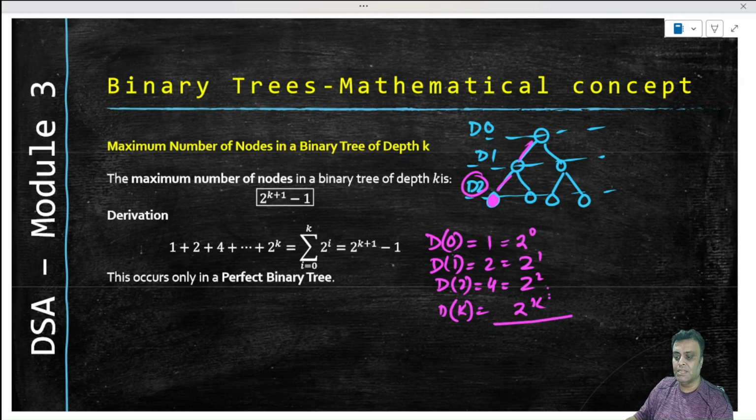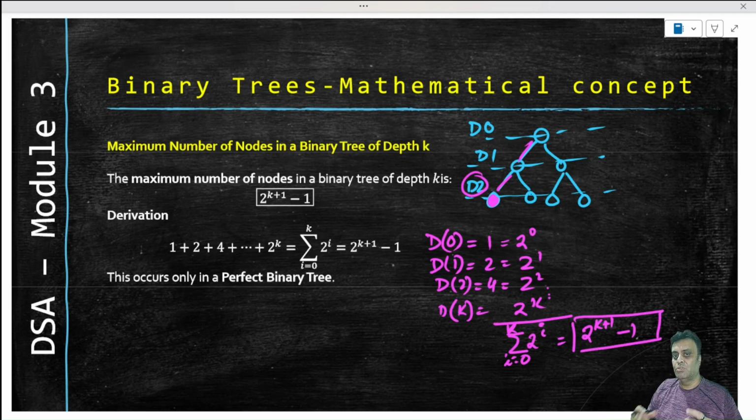So if I sum this up, it becomes the summation of 2 to the power I over I equal to 0 to K, right? And this becomes a geometric progression formula which equals 2 to the power K plus 1, minus 1, and hence this is your maximum number of nodes, because we took all the levels and in each level we calculated how many nodes.